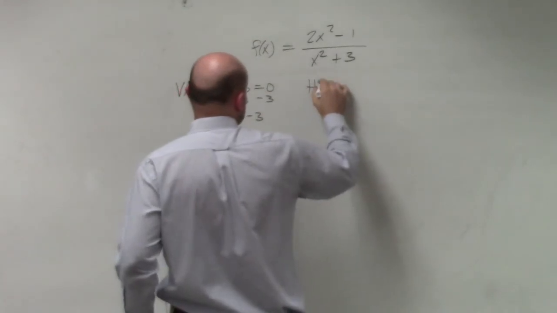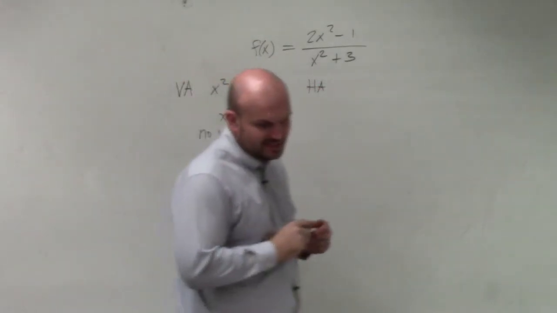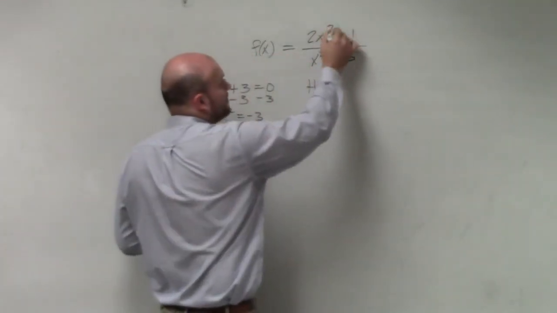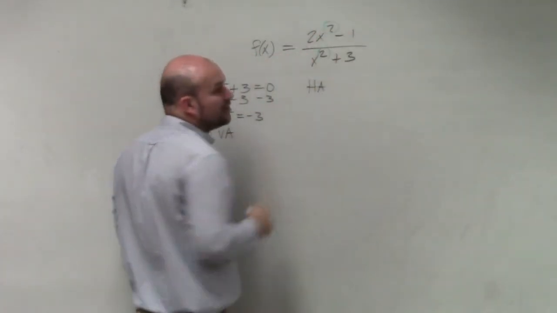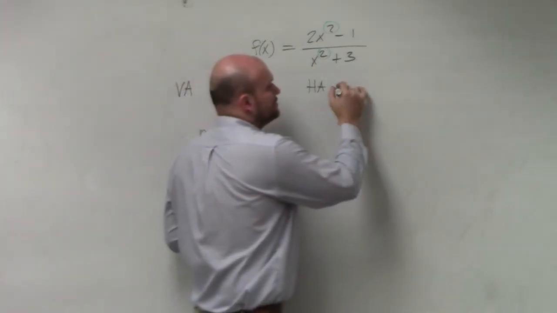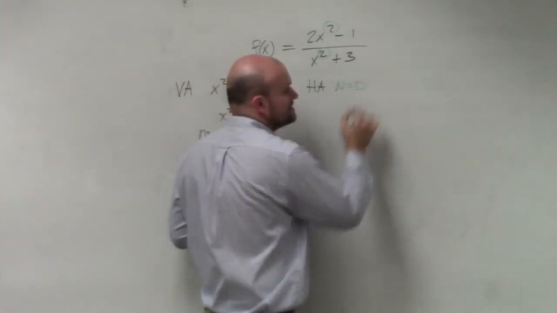For horizontal asymptotes, again, what we need to do is compare the numerator and the denominator's degree. Those are exactly the same. So we'd say the numerator is equal to the denominator.